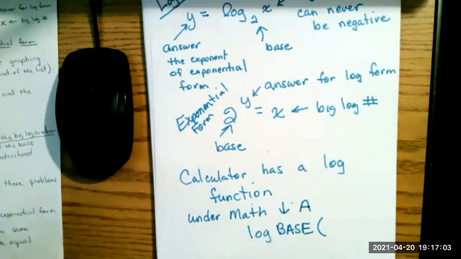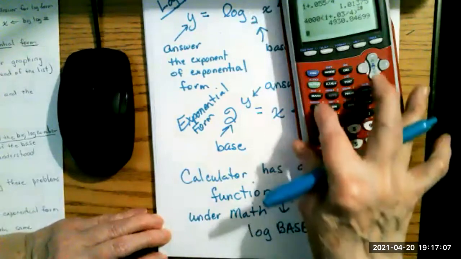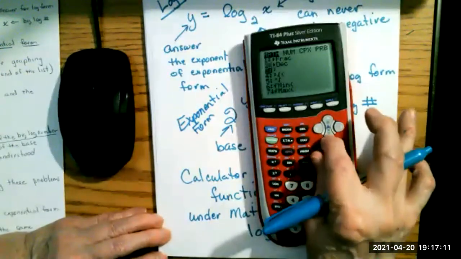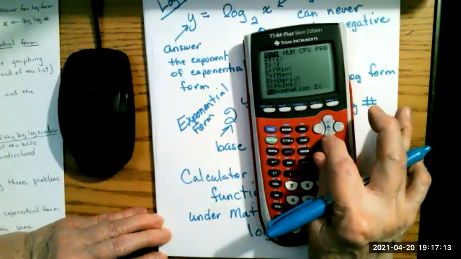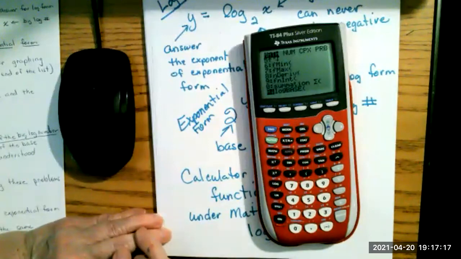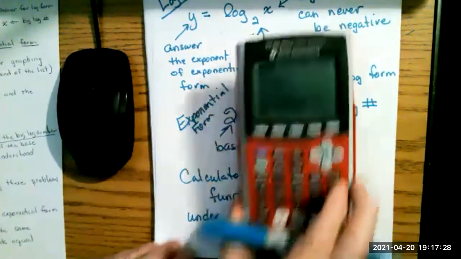So see if you can find that on your calculator. You go to math and go down until it says log, base, parentheses. You see that? You're going to be able to use that for these problems.